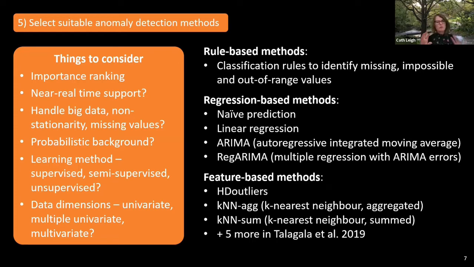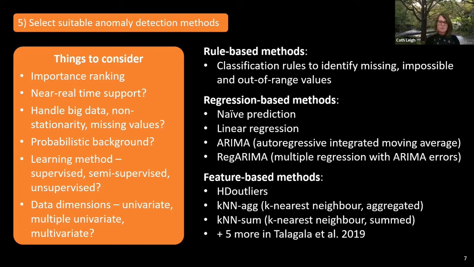So they were the other methods, linear regression, ARIMA and Reg-ARIMA, that we used. And then we are able to tell whether it's an anomaly or not based on a specified prediction interval that is developed using a training data set.